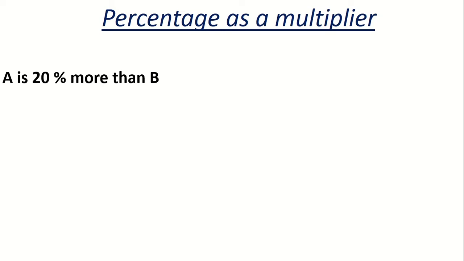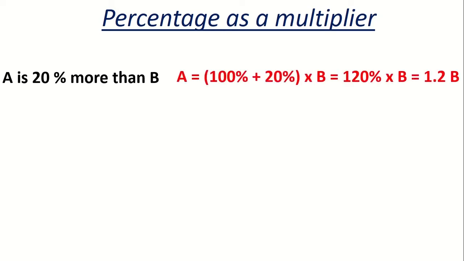A is nothing but 100% plus 20% of B. So 100% of B plus extra 20%, which is nothing but 120% of B. And 120% divided by 100 multiplied by B. So yes, this 0 is gone and it's 1.2. So we are left with A is equal to 1.2 into B.